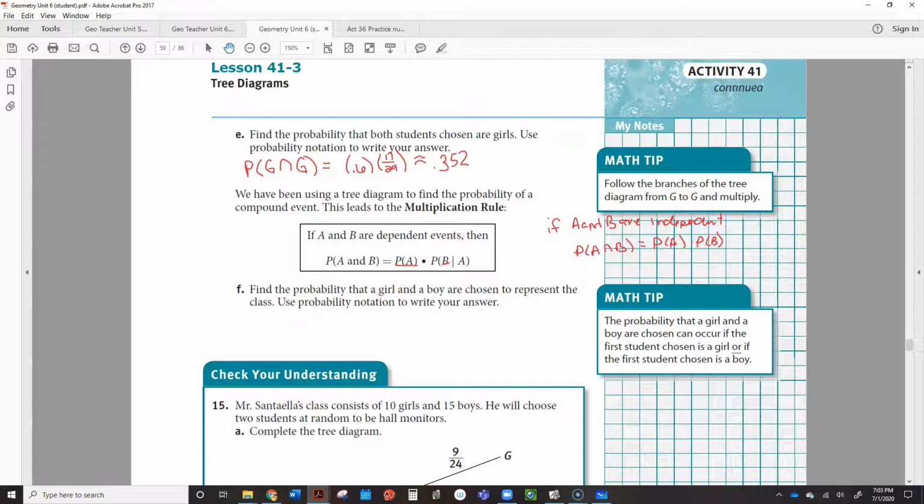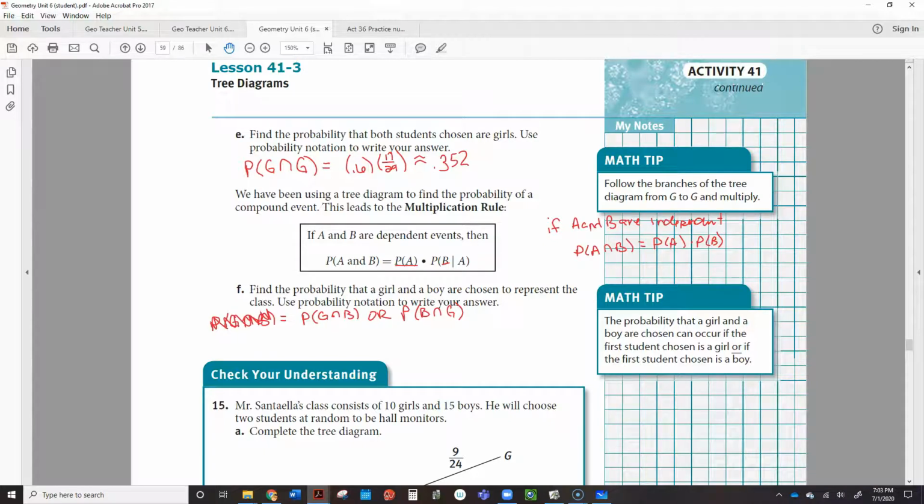So since it doesn't matter, for the probability of drawing a girl and a boy, you have to consider the probability of the girl being first or the probability of the boy being first. There's two different outcomes.